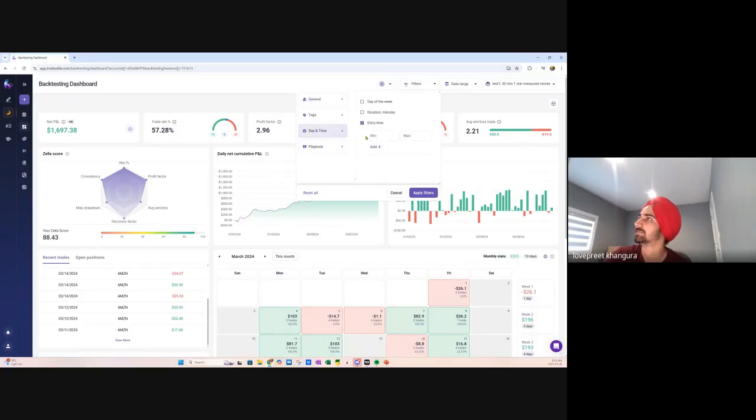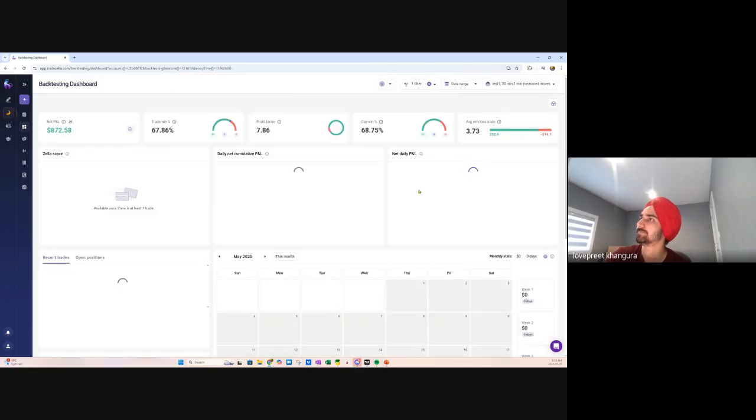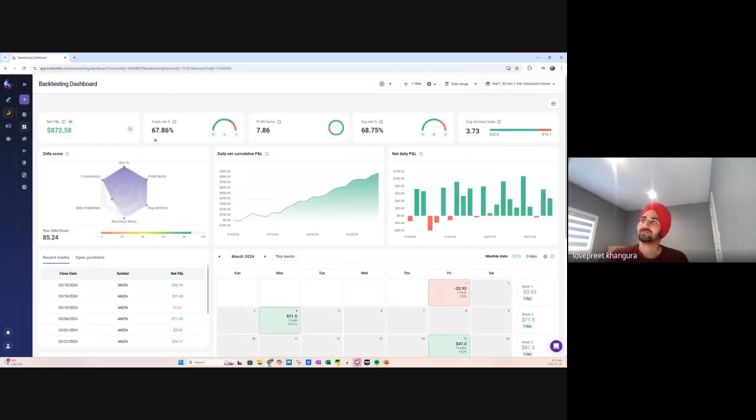We change the entry time to 11. There you go. So trade win percentage increased from around 56 or 57 to 67, and our average win-loss trade, the risk to reward ratio, goes from around 2.8 something to 3.73.